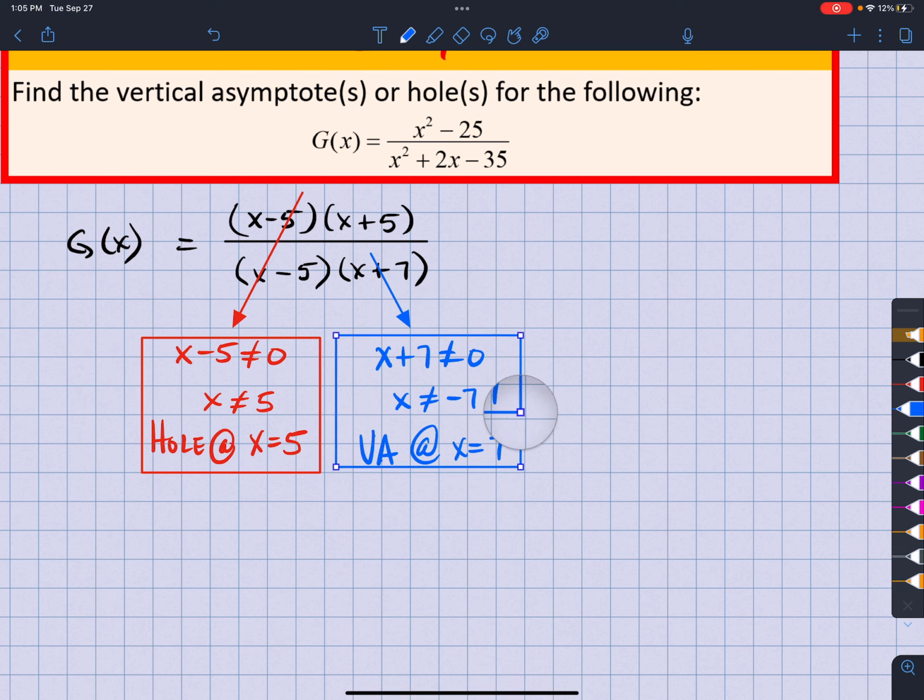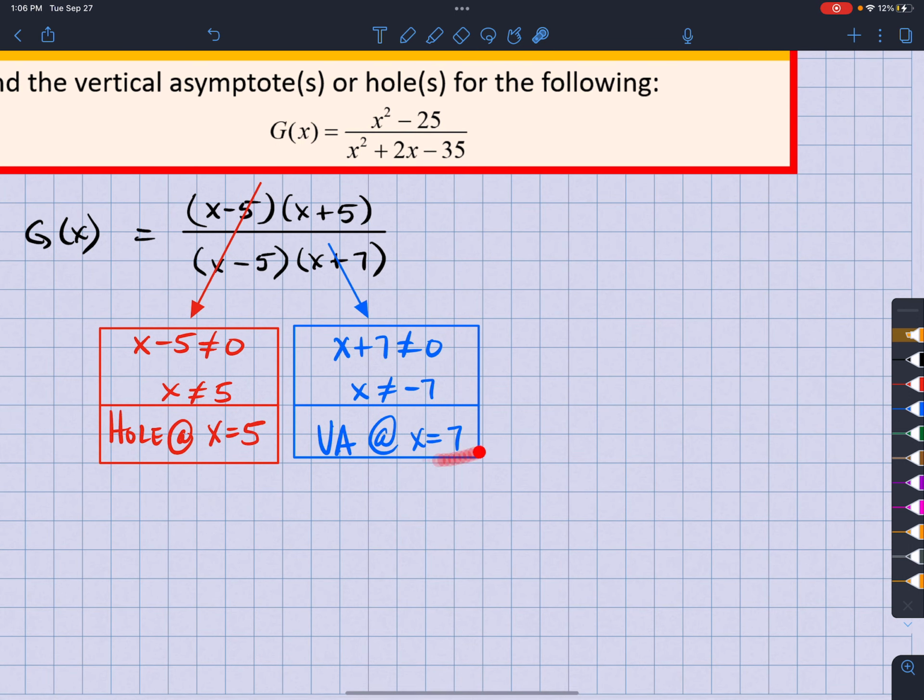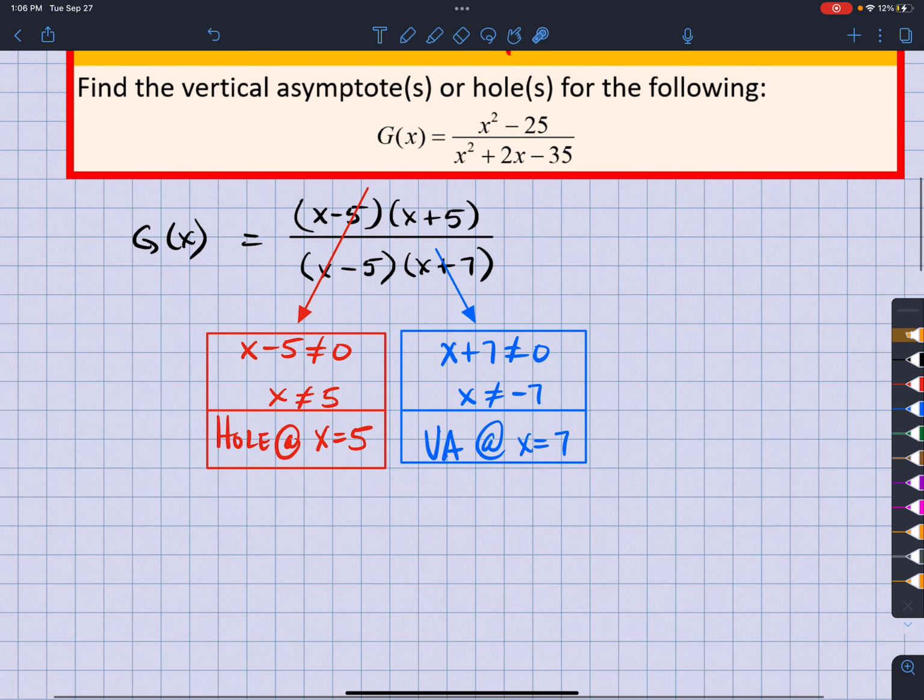Now, just so you guys know, the top information here is more about the domain. So when I talk about the domain, I can say that x cannot equal 5 and x cannot equal negative 7. That's mostly about the domain. What's happening with the graph is on the bottom: there's going to be a hole at 5, and there is going to be a vertical asymptote at x equals negative 7.